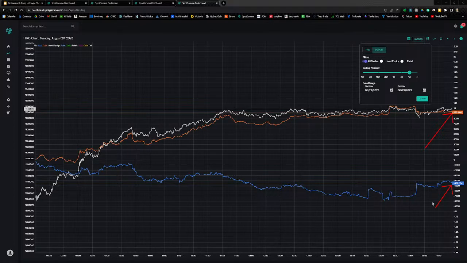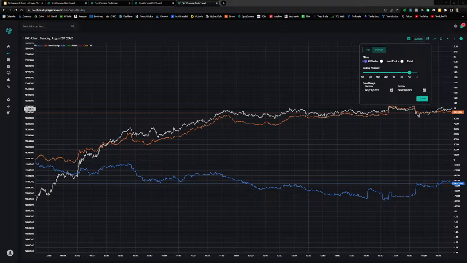The call buyers' notional value is 922 million positive versus minus 457 for puts. So call buyers more aggressive, definitely helping to drive price higher today. When traders buy calls, market makers sell the calls, and they have to buy stock, or in this case futures, to hedge their delta exposure.